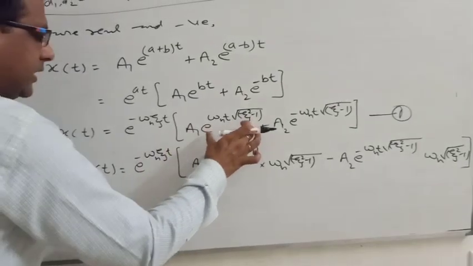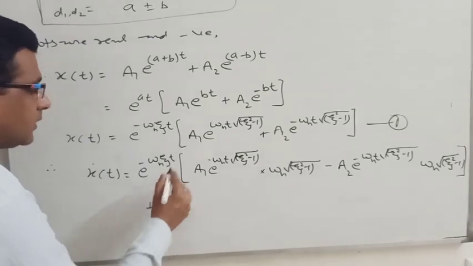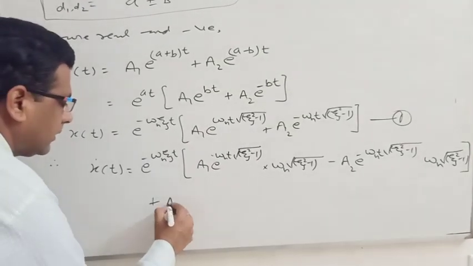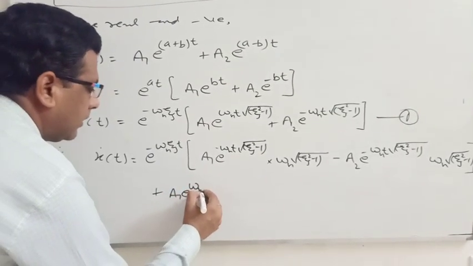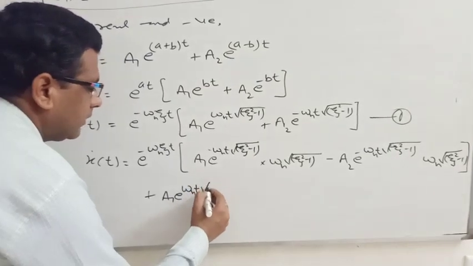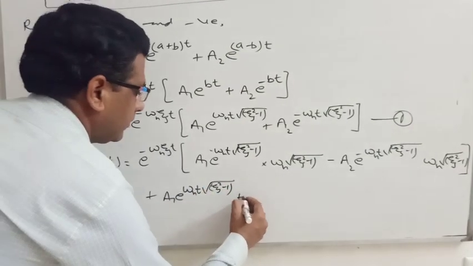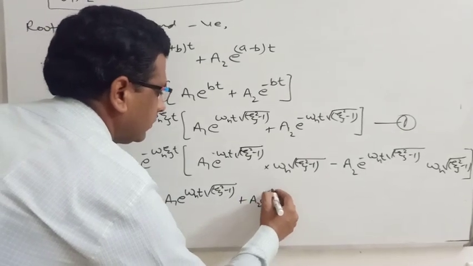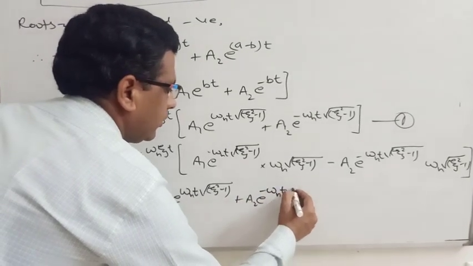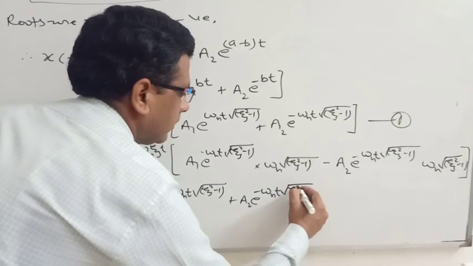Now taking this as a constant, plus this as a constant, a1 omega n under root of zeta square minus 1, plus a2 exponential of this.